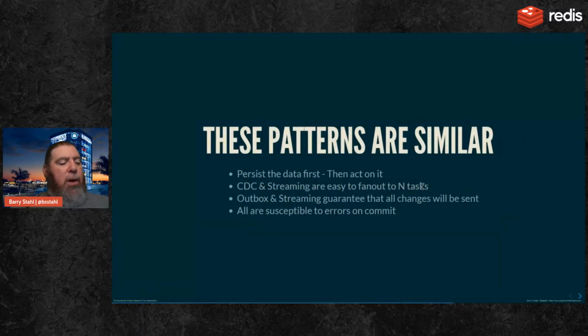All right. So as we've said, these patterns are really similar. They always persist the data first, then do something with it. So get it to disk, get it safe, and then take an action. The CDC and streaming patterns are very easy to fan out to n number of tasks.